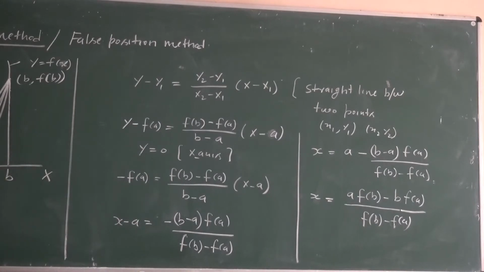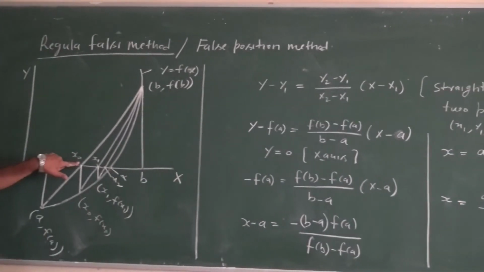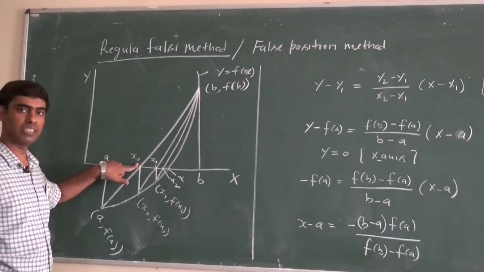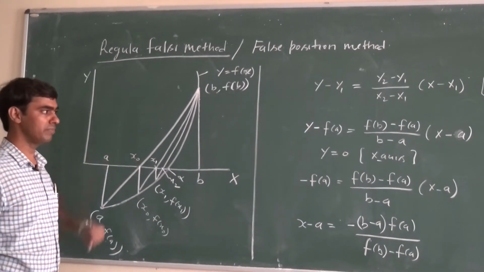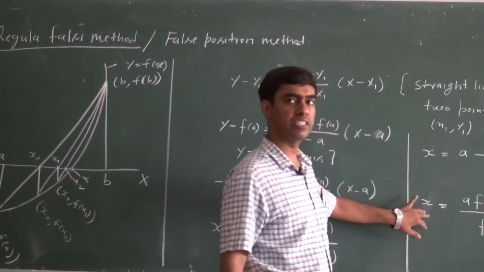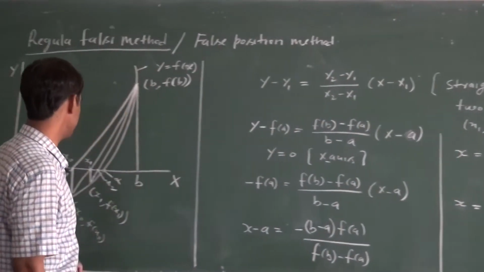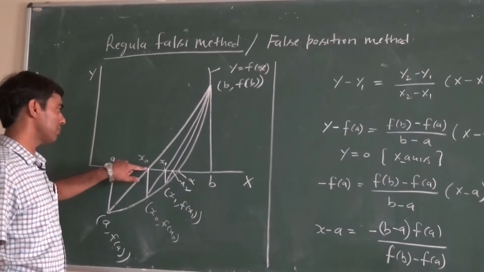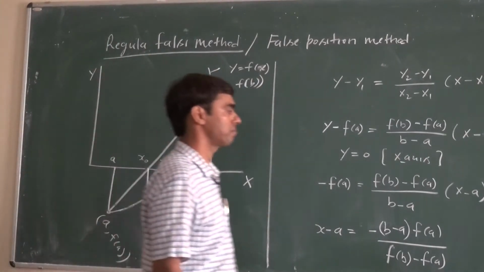Now here we denote x by what? The first approximate value is x0. So in place of x we write x0, because we assume the first approximate value is x0.